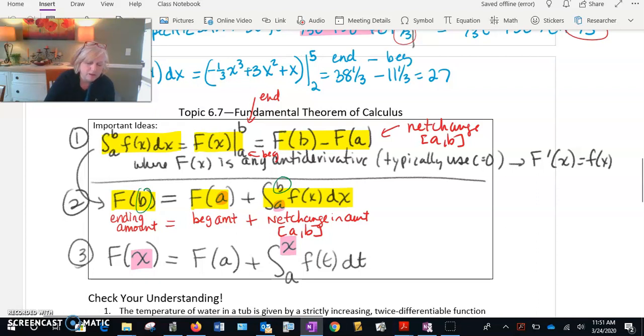If you think about the first one up here, technically, if I was calculating this with an antiderivative, this would equal the antiderivative with x plugged in minus the antiderivative with a plugged in anyway. And so f of a minus f of a would cancel out. And of course, it's going to be equal to f of x. But I just wanted to show you that as well for our third thing.